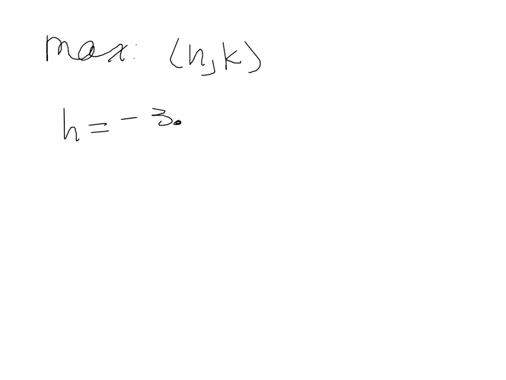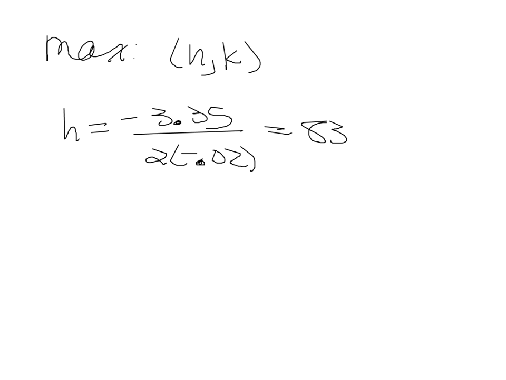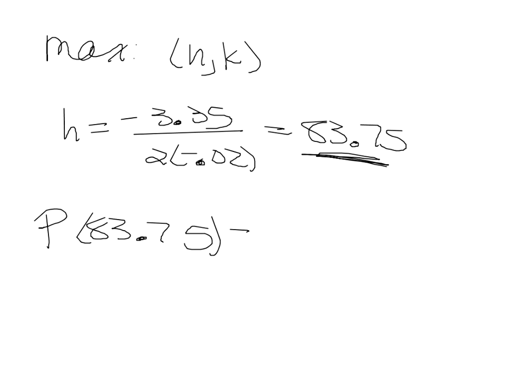Those are the two break-even points. For the maximum profit, we need our vertex (h, k). h is minus 3.35 over 2 times minus 0.02, and that works out to be 83.75. So that's the number of balls we're going to sell. To figure out the profit, I take the 83.75 and plug it into my profit function.